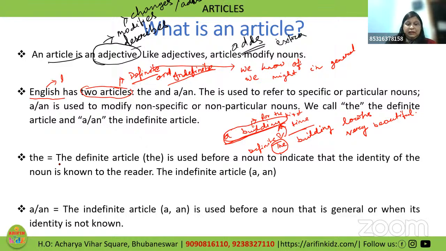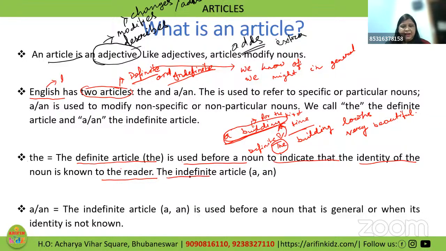Then moving on, you can read here. It is written: the definite article the is used before a noun to indicate that the identity of the noun is known to the reader. By reader here we mean us or the people whom we are talking to, or making a reference to. So there we use the.